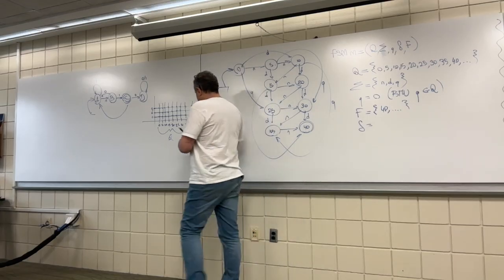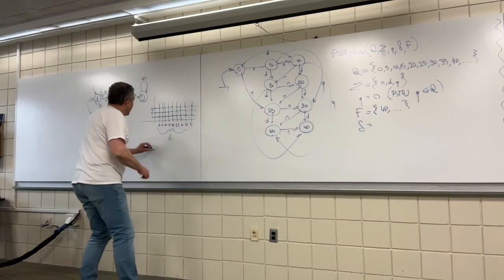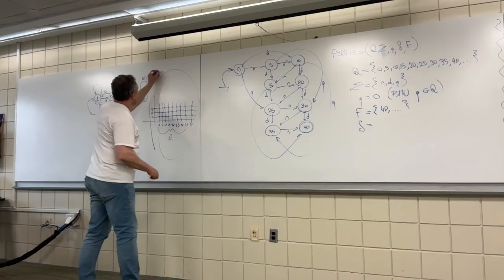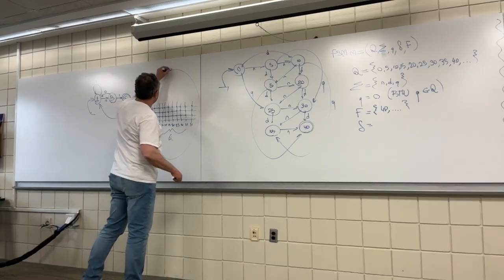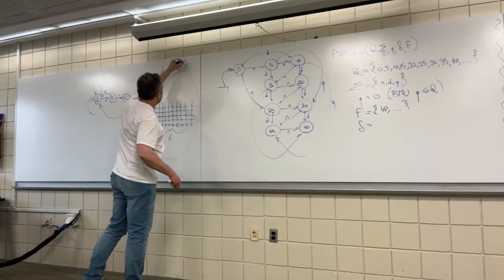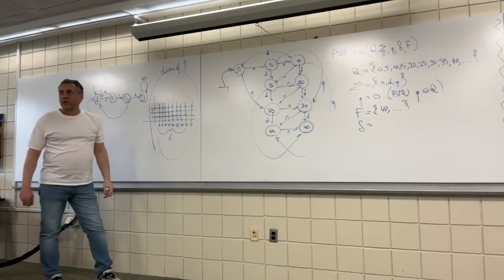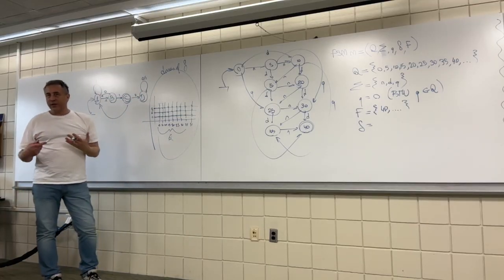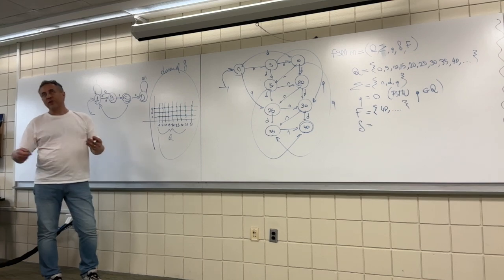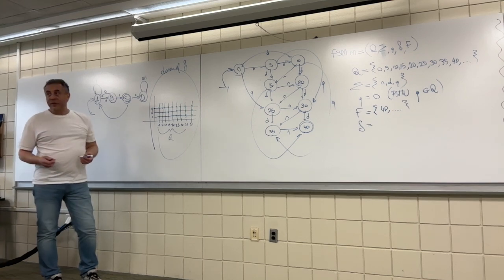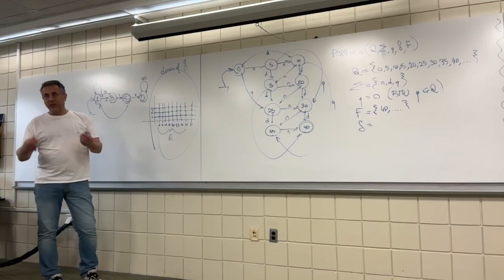In fact, what I'm going to say is this right here is the domain of the delta function. Do you see how the Cartesian product idea is now useful? It's formalizing what this transition function is taking as an input. Now, if this is a function, and I said it's a transition function, it needs to have a target.